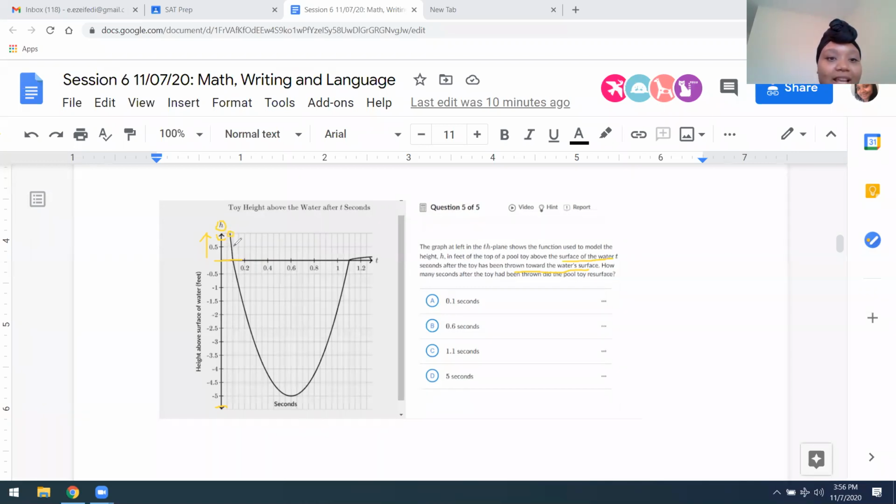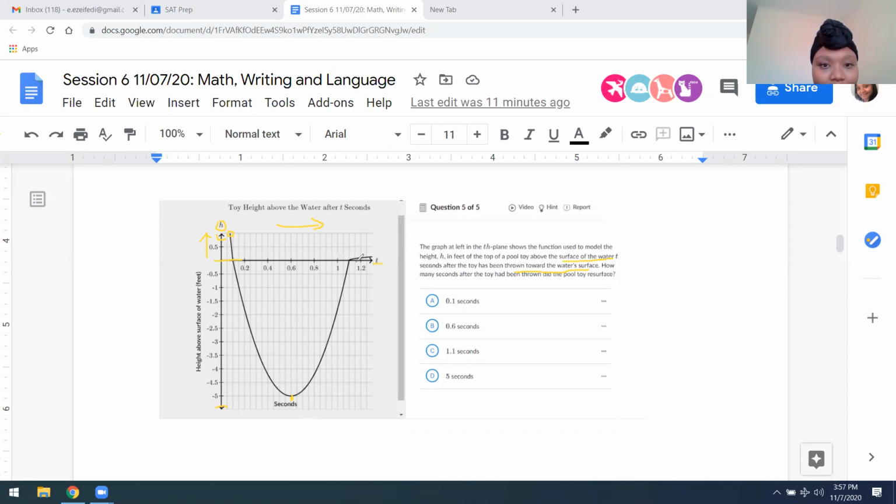Okay, so as time increases, that means as you go to the right direction of this t-axis, we see that the ball or toy continues to go down until it reaches its maximum depth, and then it starts to slowly rise up.